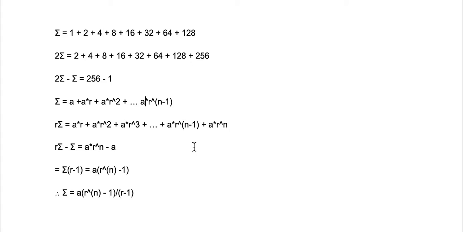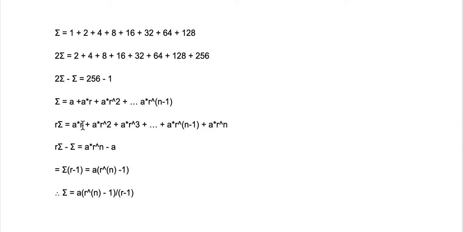Now we have a times r to the n minus 1, because this is going to a times r to the n, right? So it's r to the n because we used r for the first number in the sequence. Because let's say 1, 2, 3, 4, 5. This sequence has 5 numbers.